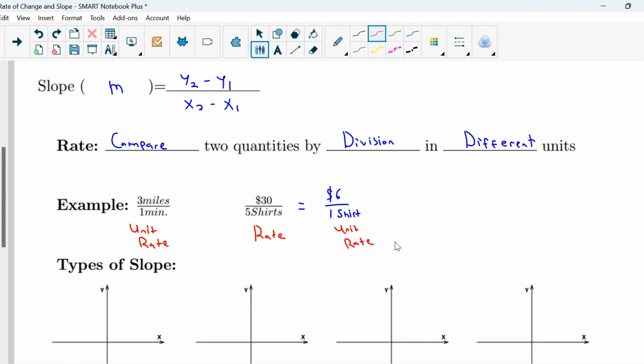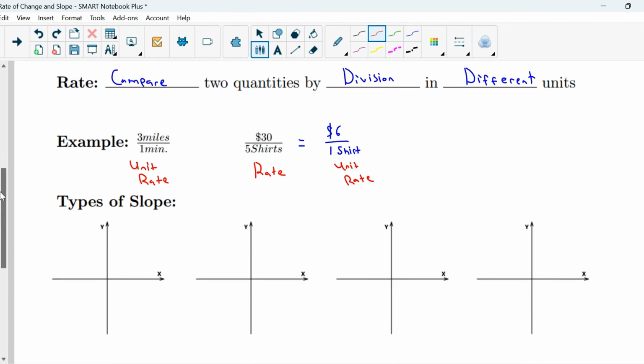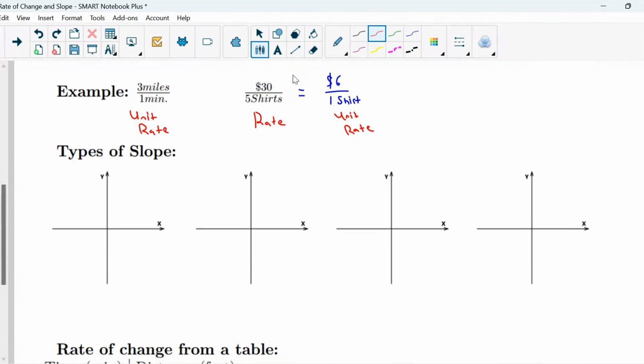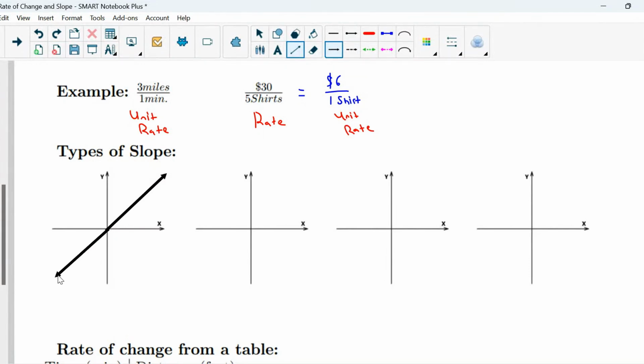All right, so the reason we're talking about rates is because slope, in a sense, is just a rate of change. It's just a rate. So when talking about slopes, there are really four main kinds of slopes that are necessary to discuss. Sometimes you will have a slope that looks like this.